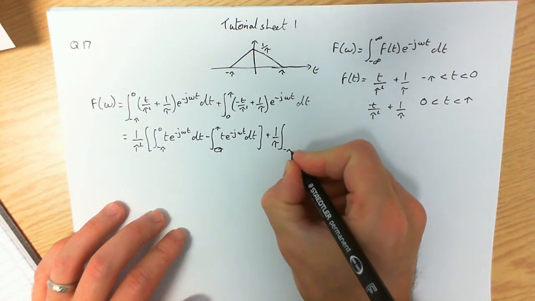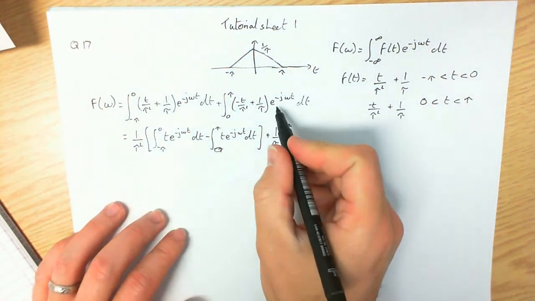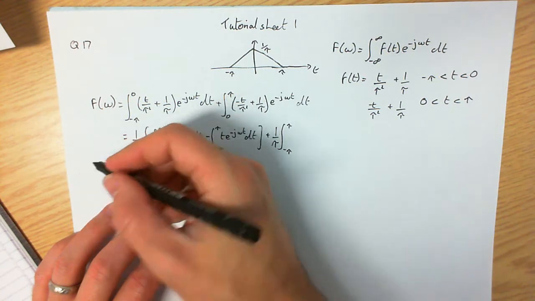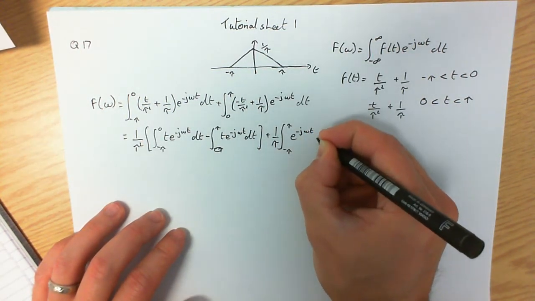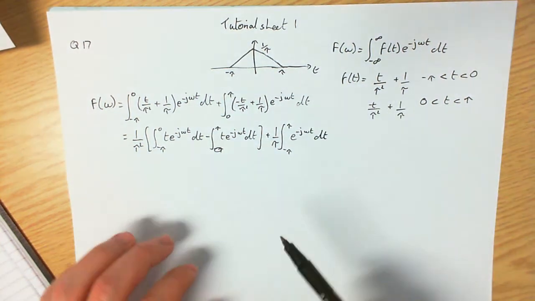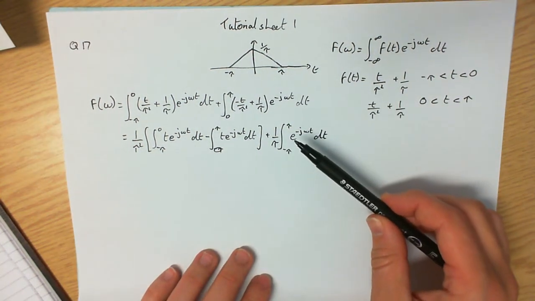In this case we can go from minus tau to tau because we're integrating the same function, in this case over a bigger limit, of e to the minus j omega t dt. So this integral is very simple.